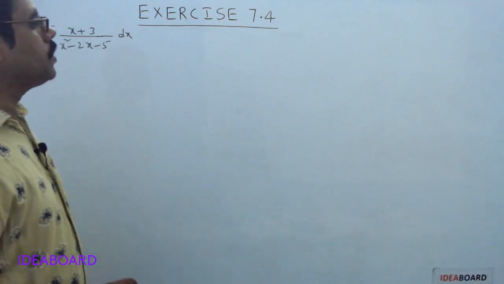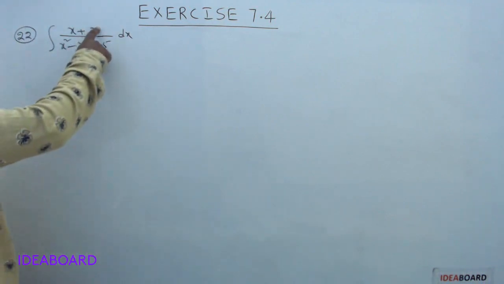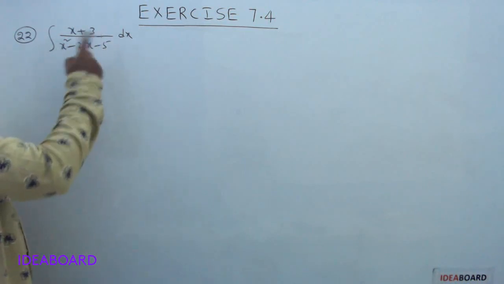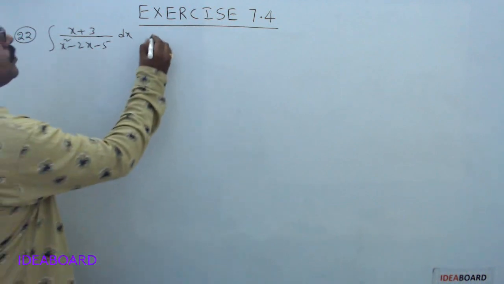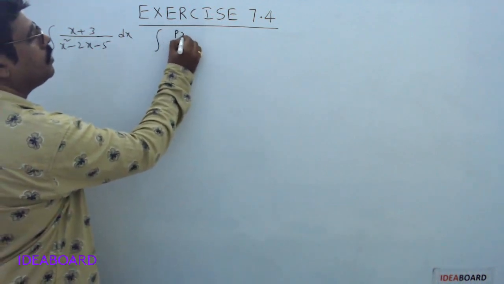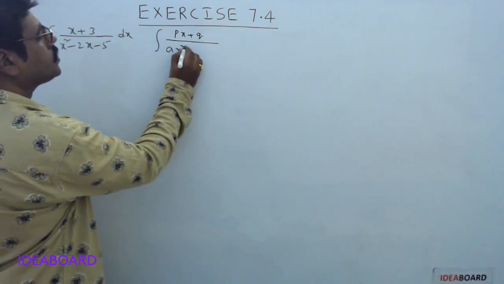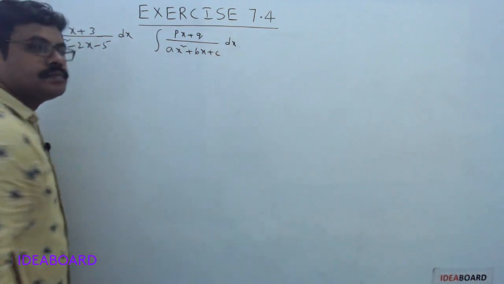Now see one more problem on the same model. Integral x plus 3 divided by x square minus 2x minus 5 dx. Clearly your given problem is of the form integral px plus q divided by ax square plus bx plus c dx.